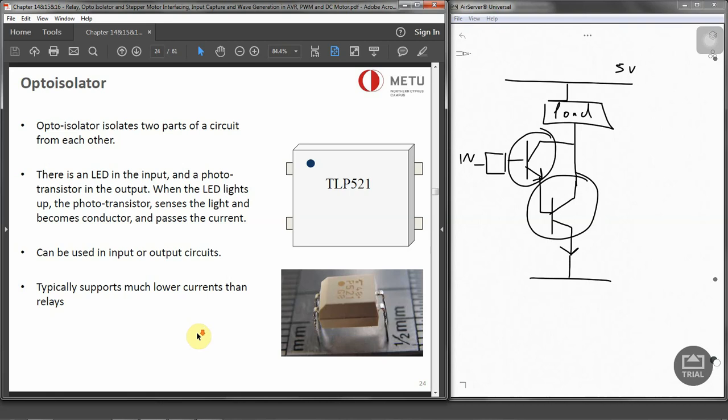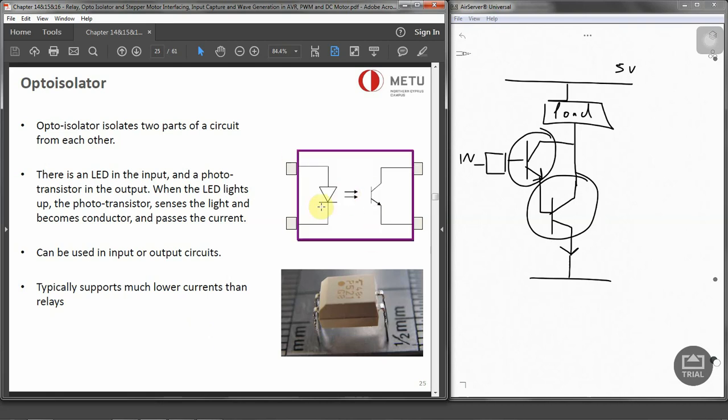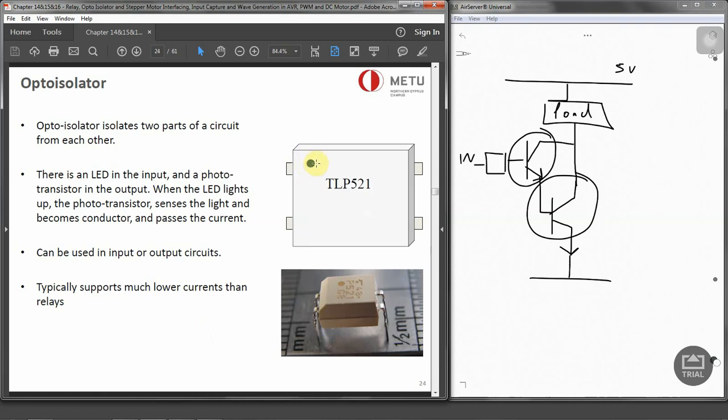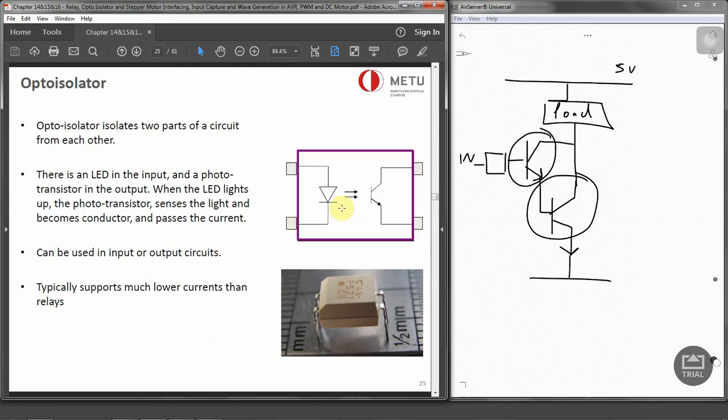So what is an opto isolator? It's a circuit, something like this, with an LED input over there. When current flows through the diode, it transmits a signal light across the gap, and the receiver produces the same signal with the same phase but a different current and amplitude.